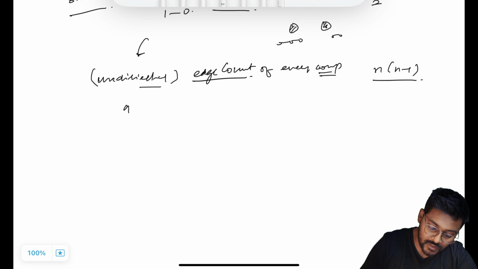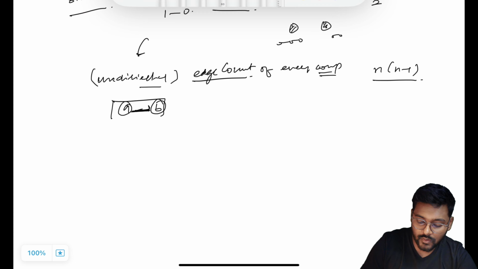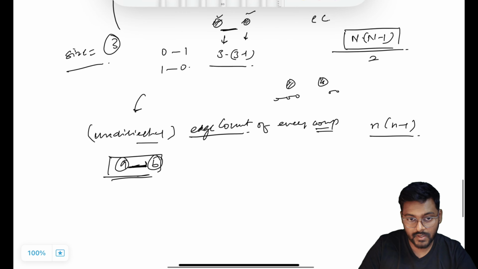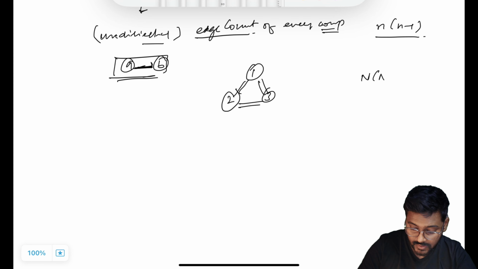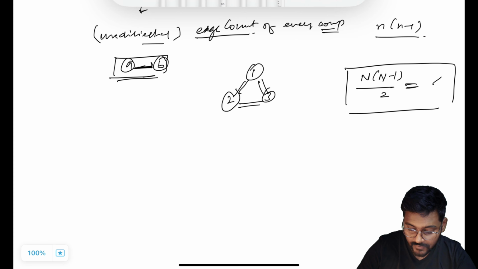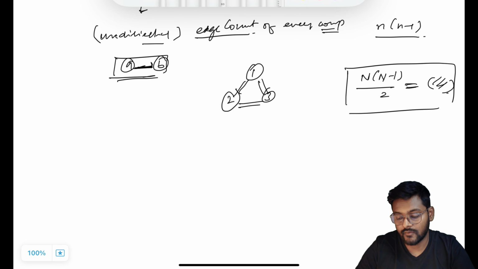Unidirectional means from vertex A to vertex B; if it is a bidirectional edge, it is given to us only once. If my component has 3 nodes, the total number of edges should be n into n minus 1 divided by 2 for that component. And the total number of edges given to us, we can already figure out from the given input.